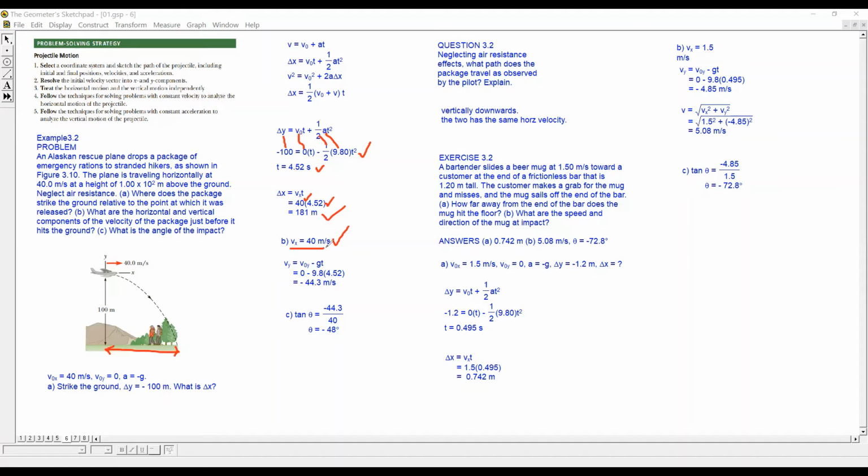So the horizontal component of the velocity is this one, 40 meters per second. What is the vertical component of the velocity? The vertical component of the velocity, we have to consider it separately, right? So only the vertical component, we try to use this formula here. For the horizontal component, velocity is constant.